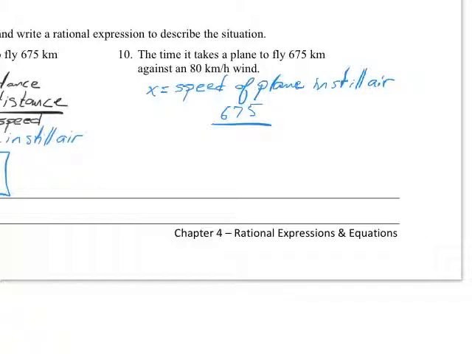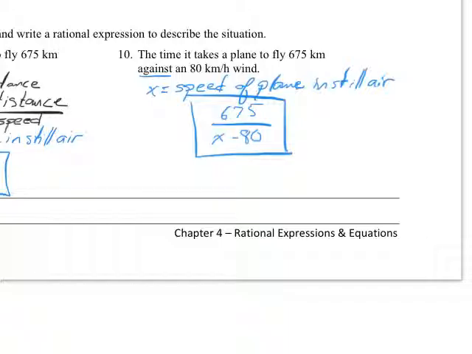This time, since I'm going against the wind, I'll have the speed of the plane and I'll have to subtract off the speed of the wind that's slowing it down. So this will be the expression that describes the time that the plane will be traveling. So we're not coming up with equations at this point, we're just translating from the words into an expression, and it's a rational expression. So just getting some practice with this before we get to the next lesson.